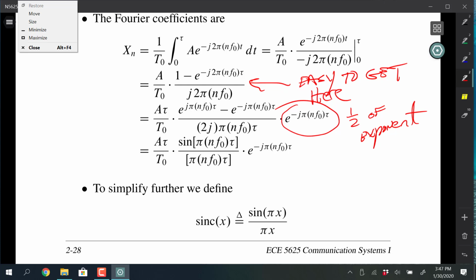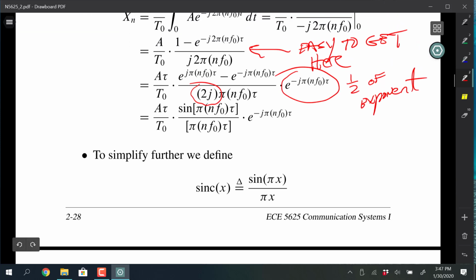So we have a sine function defined from the e to the plus j minus e to the minus j, and then we can factor out a 2j from the bottom right in here, and then that becomes sine, and then we're left over with the other pieces in the denominator, and so we get a sine x over x, or actually a sine pi x over pi x. So in the substitution, that's what x is.